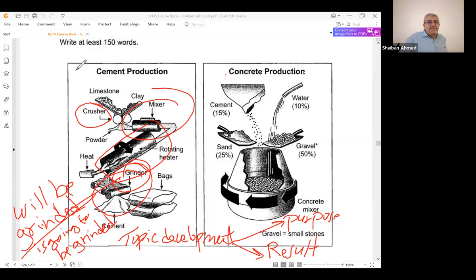Anyway, there is a very famous poem about industrialization by Elizabeth Barrett Browning, a poet of the nineteenth century. She talks about the civilization at that time: the machine of civilization grinds the hearts of children, because children used to work in mines.